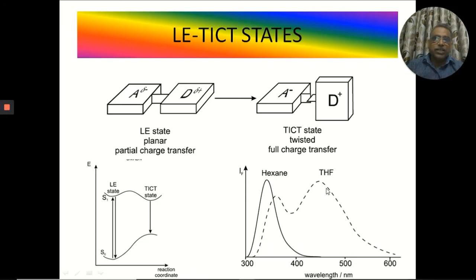This kind of charge transfer is always supported by solvent relaxation and a polar medium. In a non-polar medium, you will not see such TICT-oriented charge transfer stabilization. So it is a very interesting behavior to look at the formation of two states when you have charge transfer and rotation coupled together.